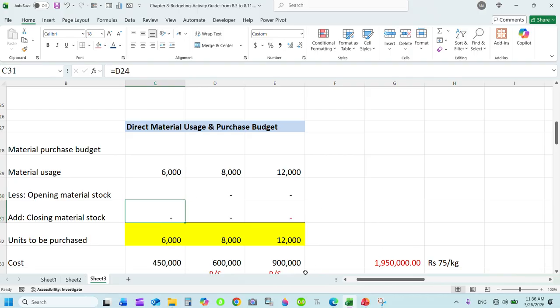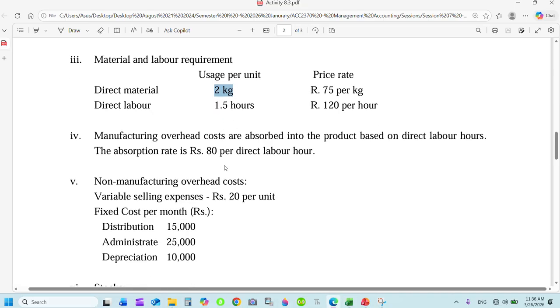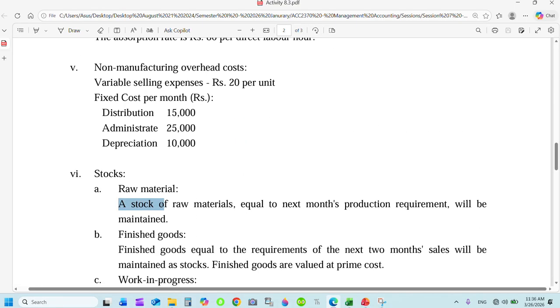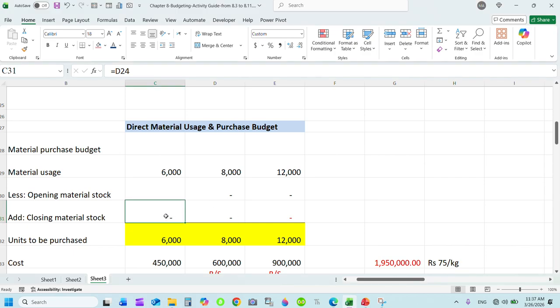So what is the closing stock requirement? Let's go and see your stock policy for raw material. This is the raw material stock policy: a stock of raw materials equal to next month production requirement will be maintained. In addition to the purchase of 6,000 kilograms to meet the production requirement, you need to have some raw material in your stock.